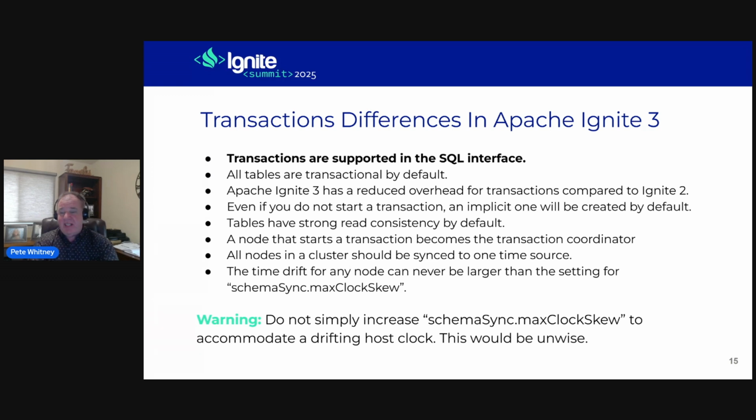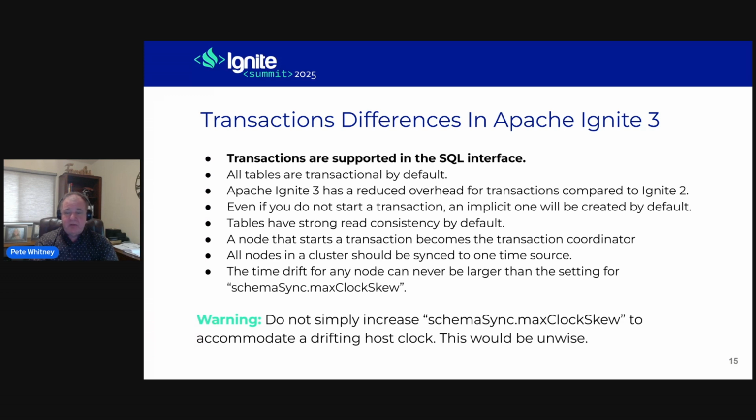Tables have strong read consistency by default. A node that starts a transaction becomes the transaction coordinator. All nodes in a cluster should be synced to one time source, and the time drift for any node can never be larger than the setting for schema sync max clock skew.